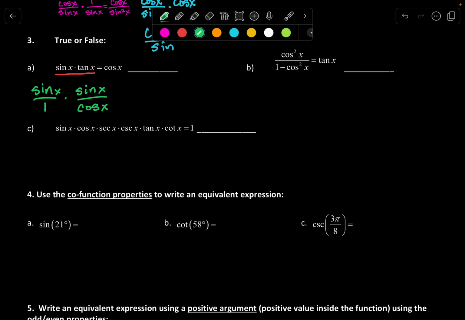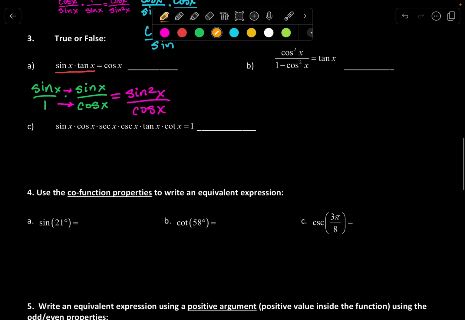So if I multiply across, I get sine squared x over cosine, and that does not equal cosine x. I could try to keep going, but there's nothing that I can really do or rearrange that will eliminate all of this and make it cosine. So that one is false.